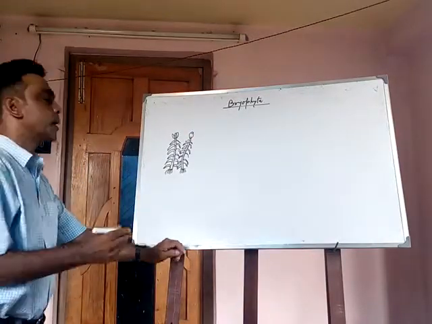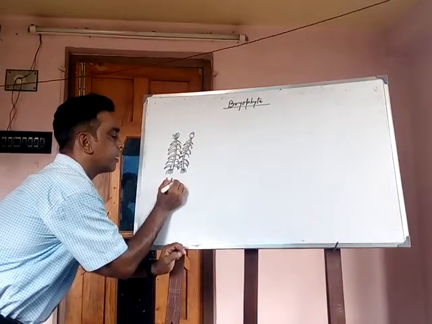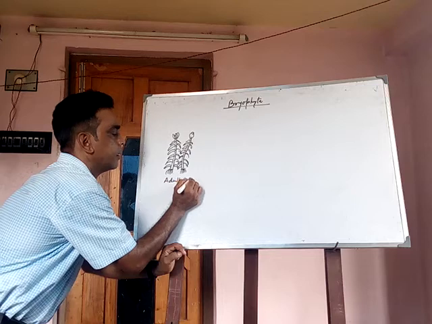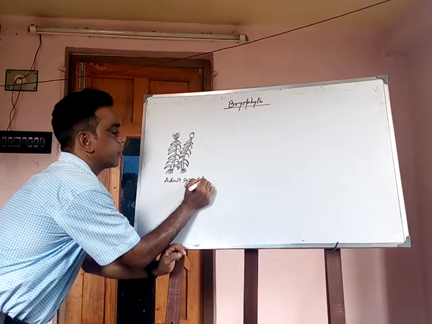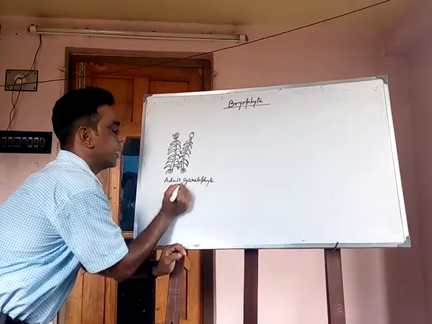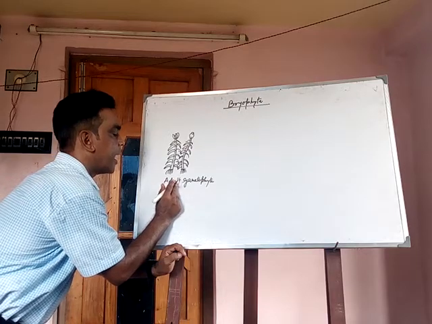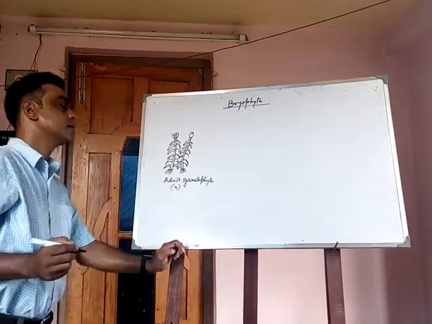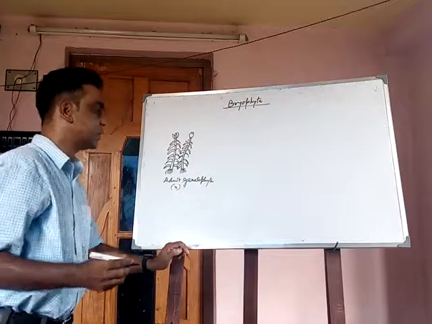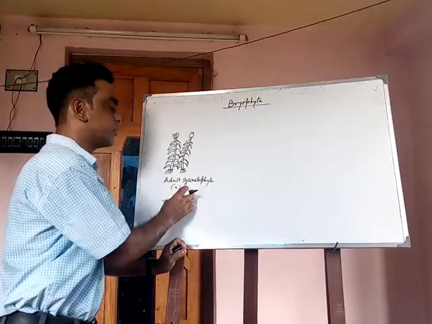That is the adult gametophyte, that is haploid set found in this type of plant bodies.